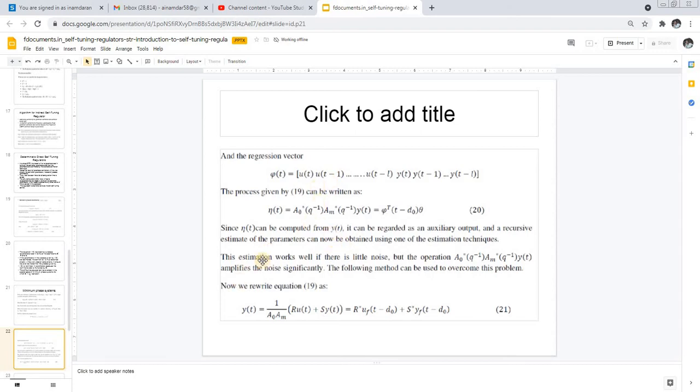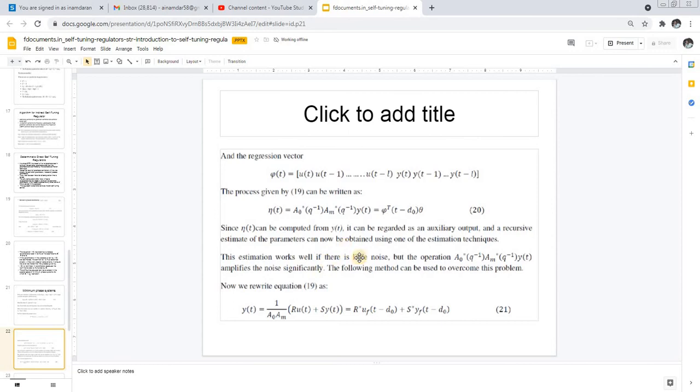This estimation works very well if there is very little noise, but the A naught and Am asterisk operation amplifies the noise significantly. So the following method can be used to overcome this problem of noise.